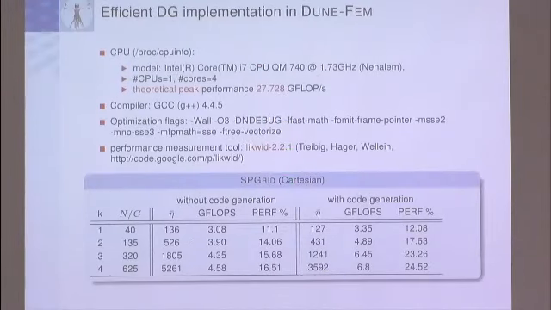So now I did some efficiency, some flop measurements here on this laptop, which is a Core i7 Nehalem type with a standard compiler that you probably have to use on the cluster anyway.